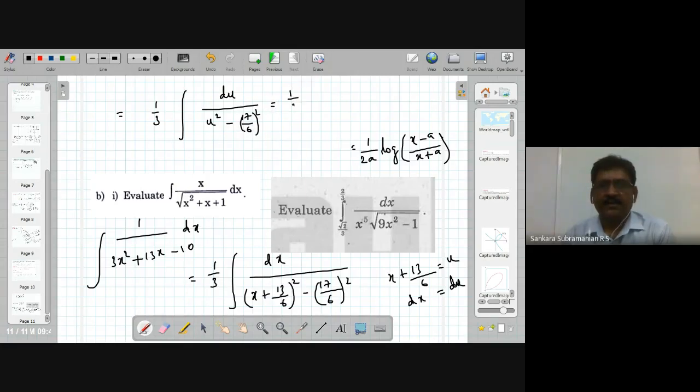There is a constant 1 by 3 available. The new constant will be 1 by 2 times of a, which is 1 by 2 into 1 by a.